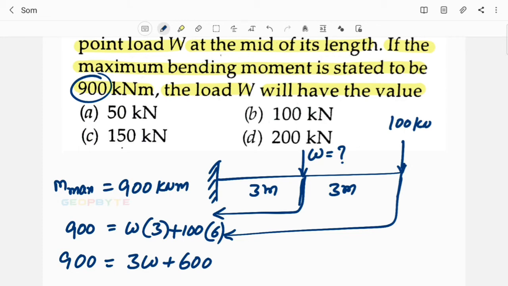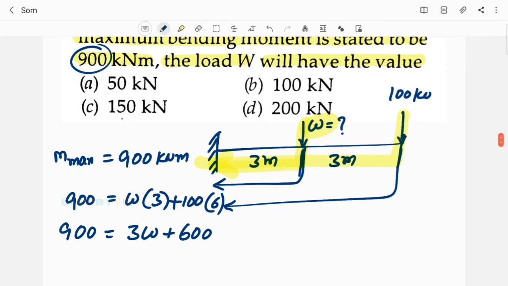I hope you clearly understood. The bending moment due to 100 kilonewtons is that 100 kilonewton into this distance. Similarly, the bending moment due to this W is W into 3 meters up to the distance fixture. From this I can say that 3W equal to 900 minus 600 is equal to 300.